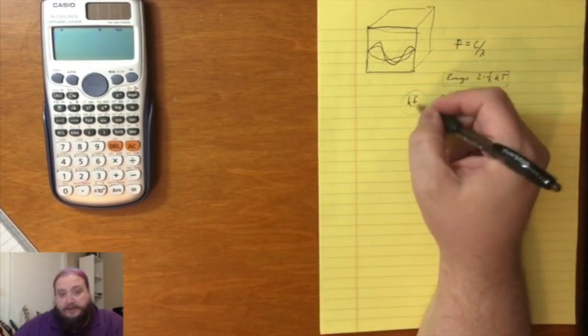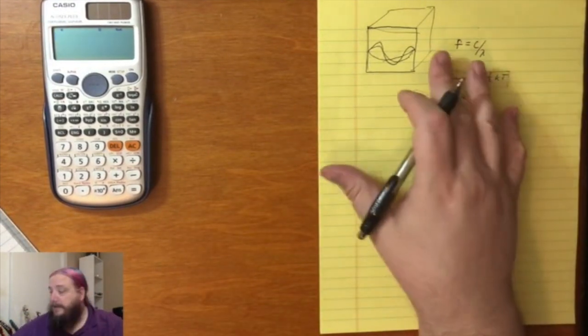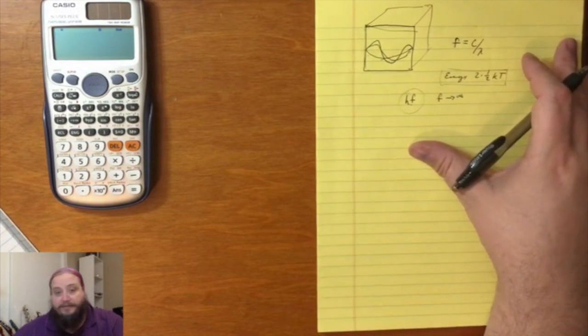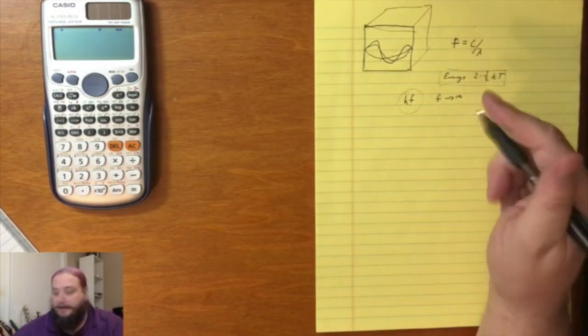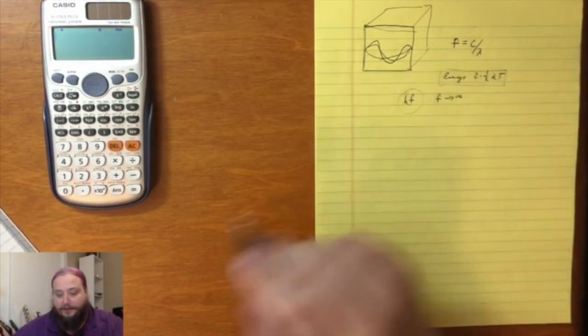So effectively what Planck had done was invent the quantum harmonic oscillator as opposed to a classical harmonic oscillator.